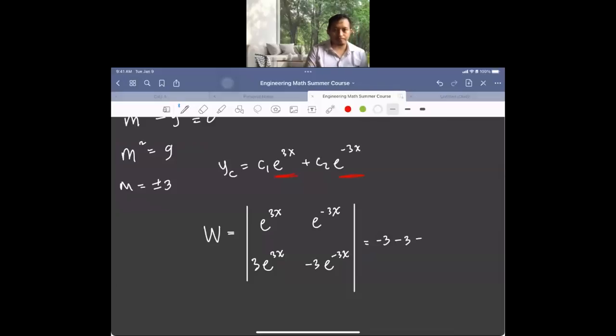This is negative 3 because it will cancel, right? This also cancels, and negative 3, so negative 6. Our Wronskian is negative 6.